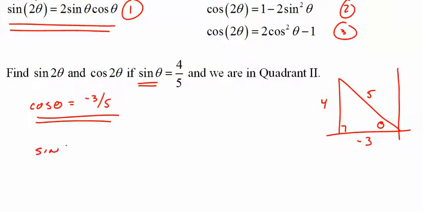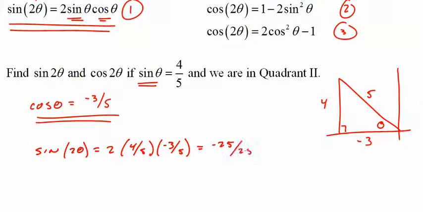I find the sine of 2 theta formula easier to use. It's just 2 times sine of theta cosine of theta, so 2 times 4/5 times negative 3/5, which is negative 24/25. There's only one formula, and that's the only one you have to use.